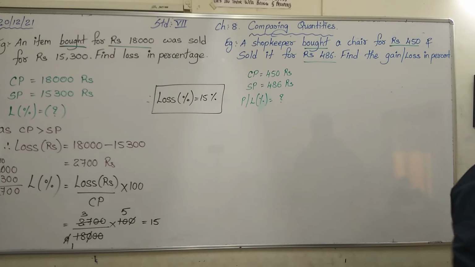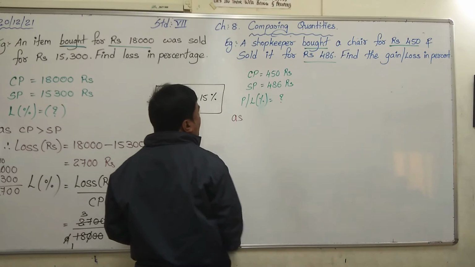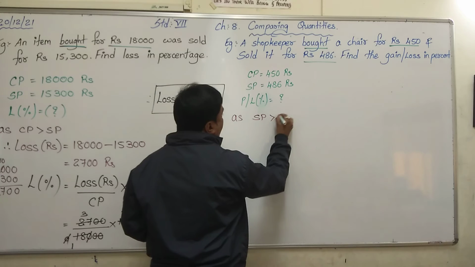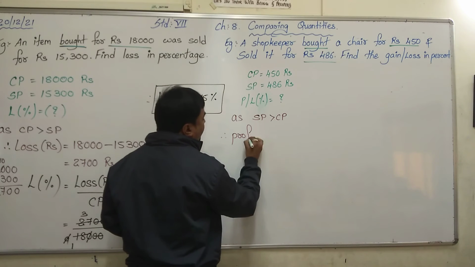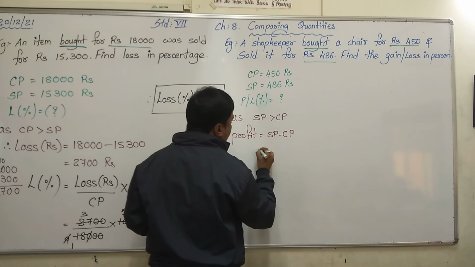Now compare the terms. SP is greater than CP. Therefore, profit is equal to SP minus CP.